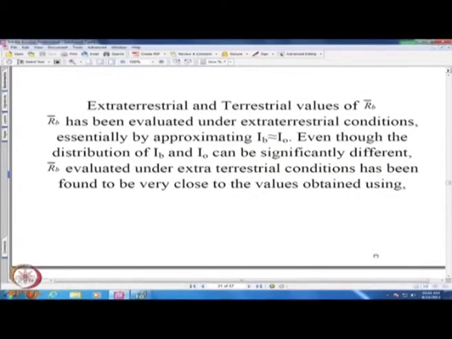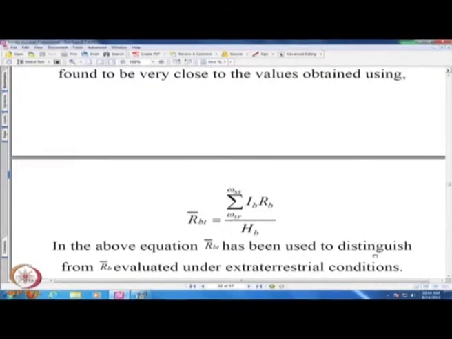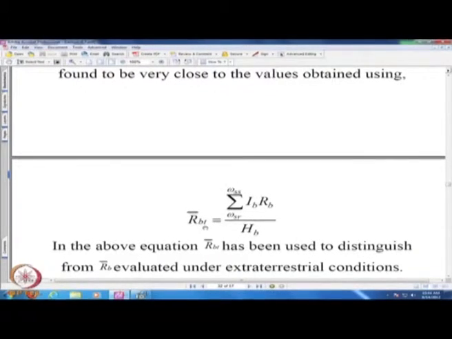So, a question arises, why is this so? You can expect I b distribution to be considerably different from I 0 distribution. Apart from the errors being cancelled, there may be a cloud cover, there may be a bright hour, etc. So, R b bar t, just to distinguish for the sake of discussion, under terrestrial conditions will be I b R b upon H b.